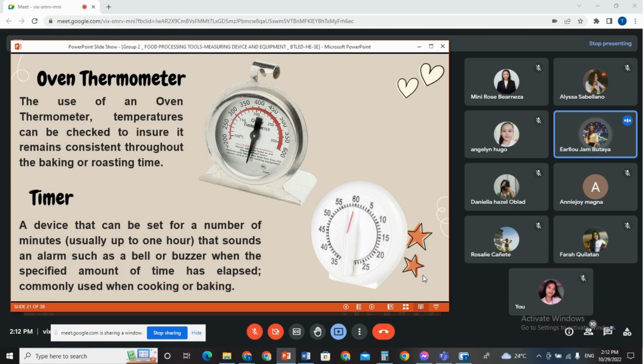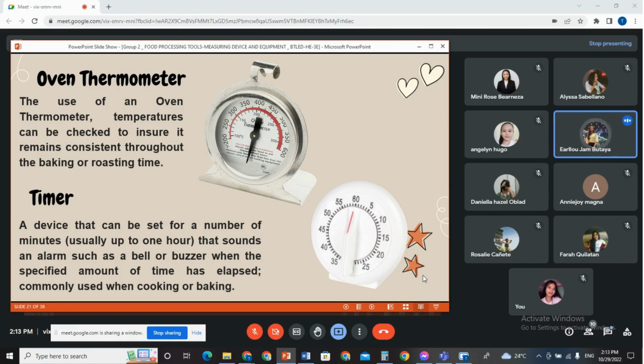So next is the timer. A timer is a device that can be set for a number of minutes, usually up to 1 hour, that sounds an alarm such as a bell or buzzer when the specified amount of time has elapsed, commonly used when cooking or baking.